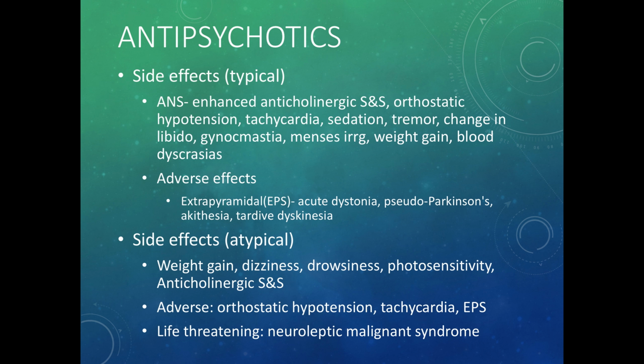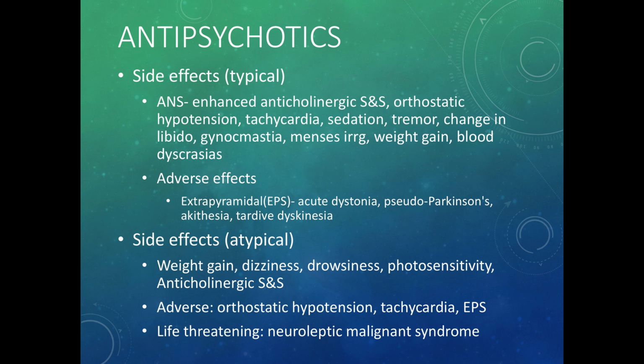So, obviously in the autonomic nervous system, they can have enhanced anticholinergic symptoms, so they can be dry, they can have tremor, change in libido, irregularity of the menses, tachycardia, things like that. They can also have something called EPS, extrapyramidal symptoms, which is important because patients will develop this over time.